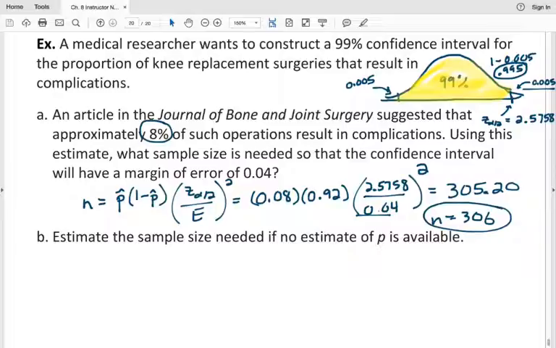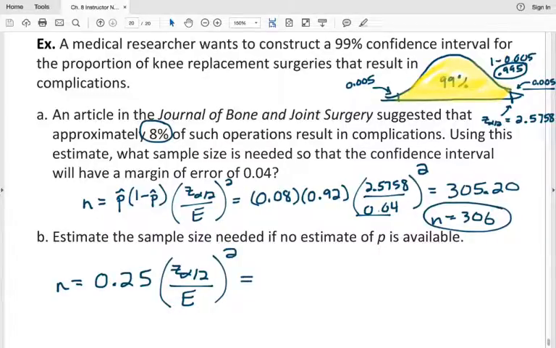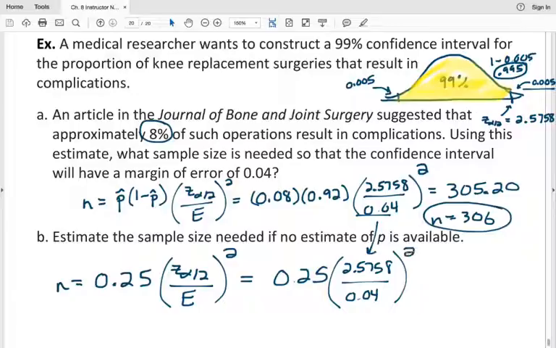Now, if we don't have an estimate for p, in that case we have to use this other formula. There's 0.025, but it was the same information here, z sub alpha over 2 divided by the margin of error, squared. Okay, and so if I do that, I get 0.025, and then the same thing that I've got from this set of parentheses, 2.5758 over 0.04.